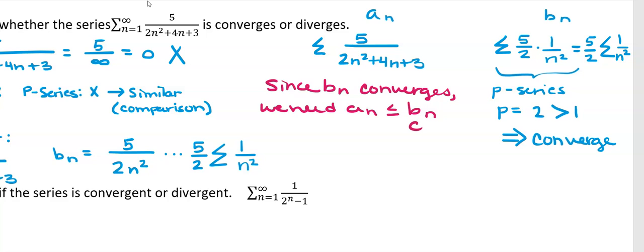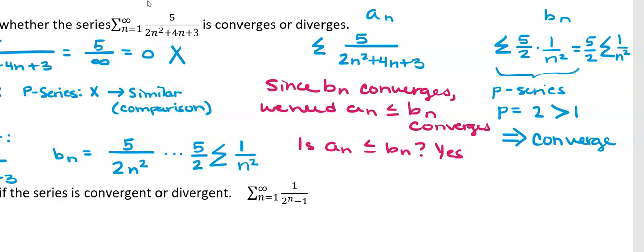The reason is because we know b sub n is converging, we need a sub n to be less than that. If it were greater than that, it could still diverge, but we need it to be less than that. So that's the question we need to ask ourselves. Is a sub n less than or equal to b sub n? And the answer is yes.